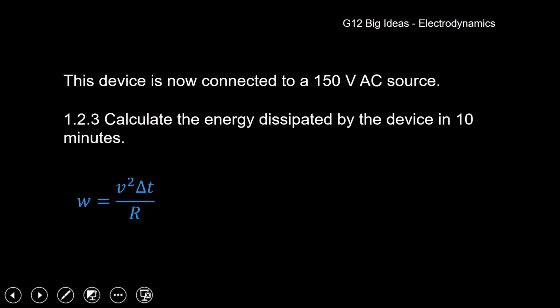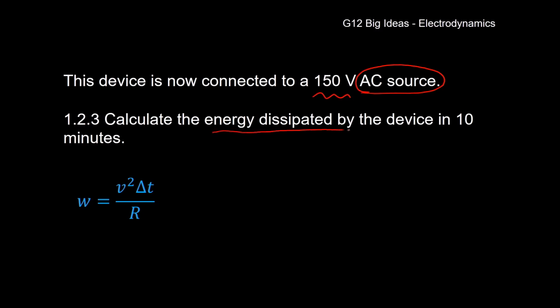This device that we've just worked out is connected to an AC source of 150 volts. Calculate the energy dissipated by the device in 10 minutes. So energy dissipated or energy transformed is the same as work done.